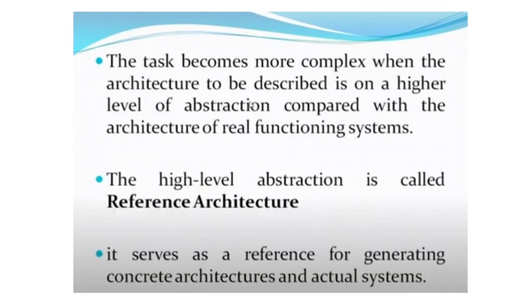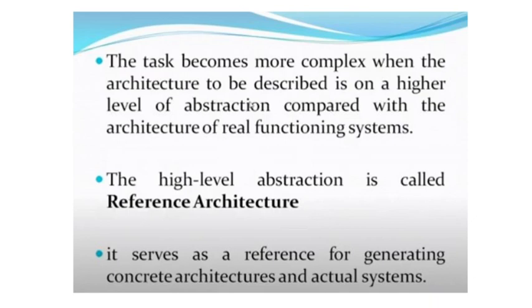So this task becomes more complex when the architecture is described at a higher level of abstraction compared with the architecture of real functioning, right? So it's quite more complex or complicated, we can call it, comparing the higher level abstraction with the lower level, right?